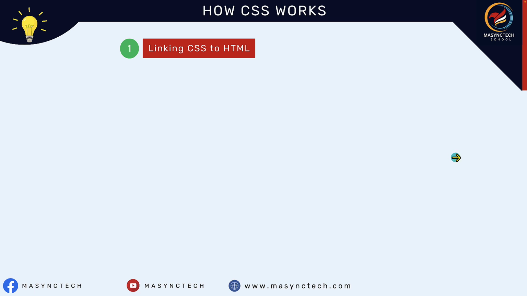Then after that, we need to use what is called CSS selectors. CSS styles are applied to HTML elements through what is called selectors, meaning we are going to select the pieces of HTML that we want to style.